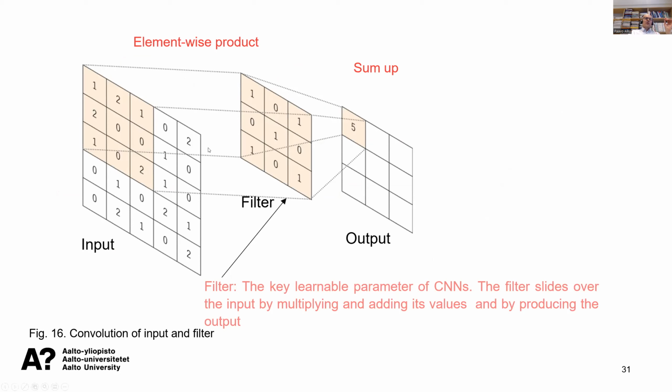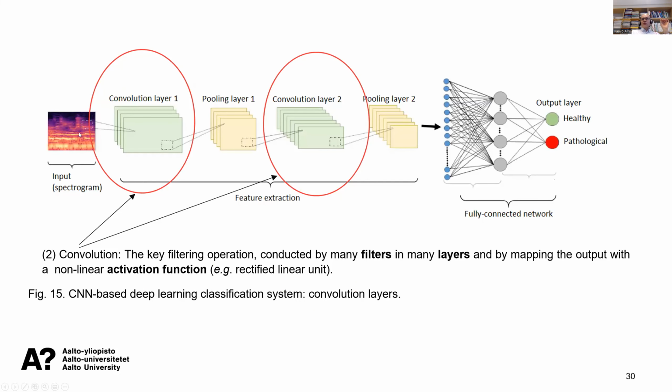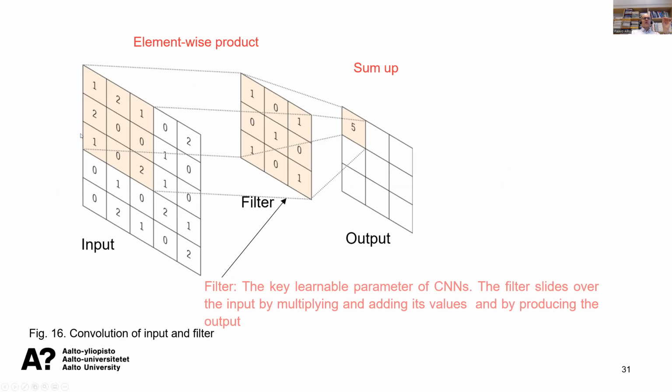So in this picture, I have now shown this spectrogram as a matrix where you can see that this is frequency and this is time, and these numbers correspond to the color code of this input signal. And what is the key thing is that in this convolutional neural net, we filter that input signal several times with a parameter which is called the filter or kernel. And that is the most important parameter which we want to solve.